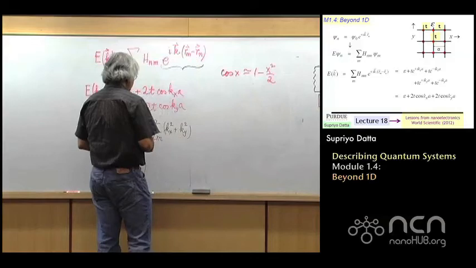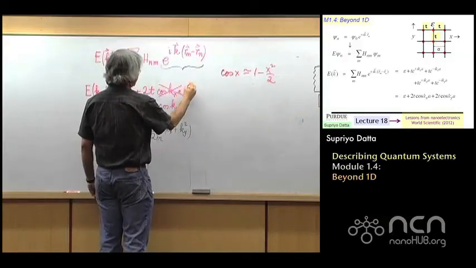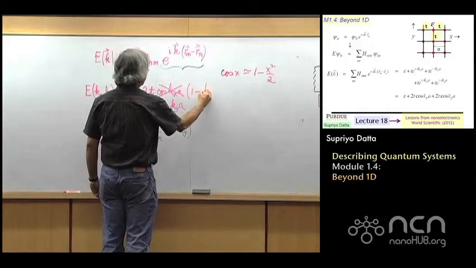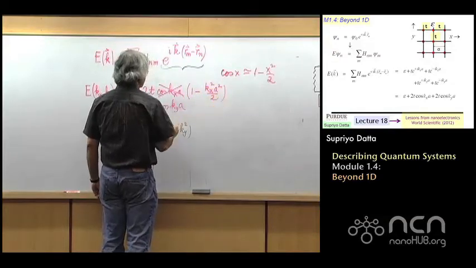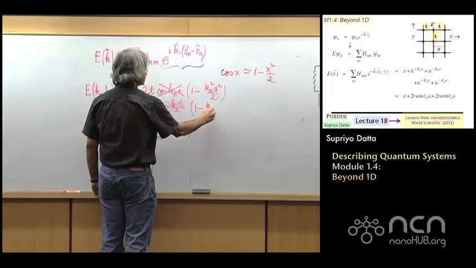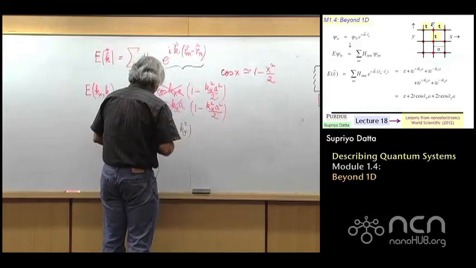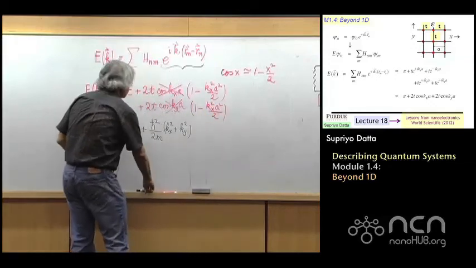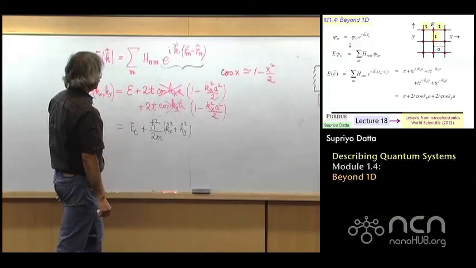And so, you could take this cosine and write it as 1 minus kx squared a squared over 2. And similarly, you could take that cosine and replace it with 1 minus ky squared a squared over 2. And now if you compare the two things, you see what you need to make them correspond.